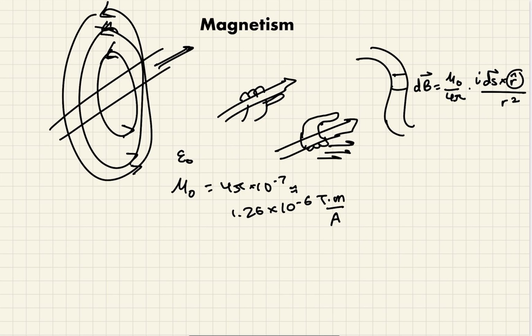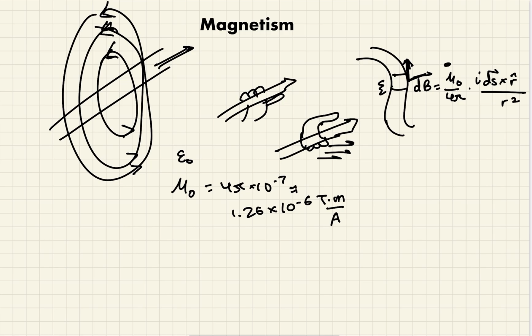So what that means is r hat is the direction of the radius, basically the distance. So ds is this segment, I ds is in the direction of the segment, the value of the current, and then r is basically the distance from this to the point you're measuring.